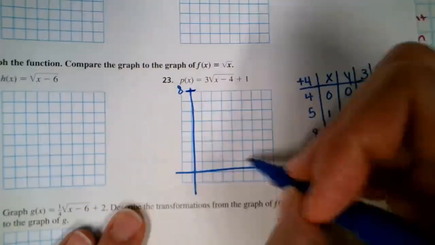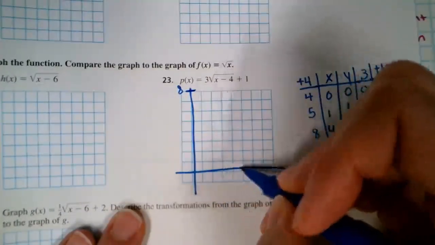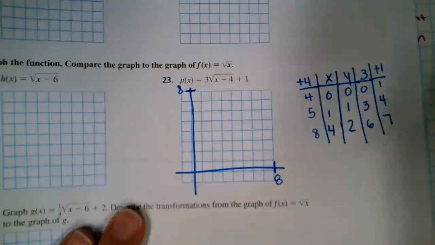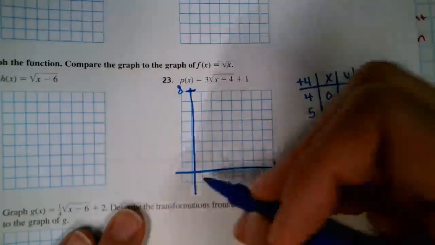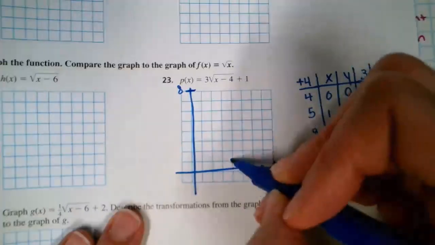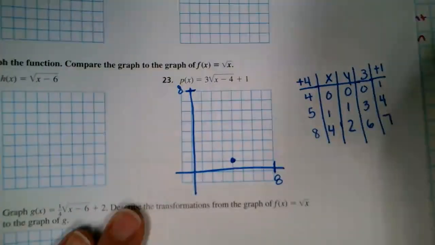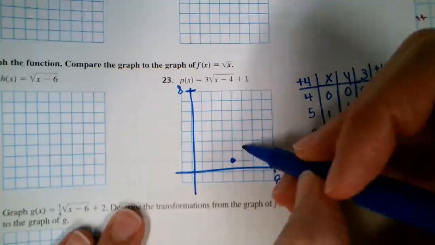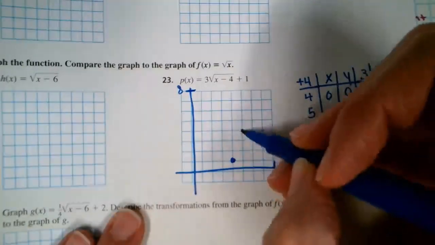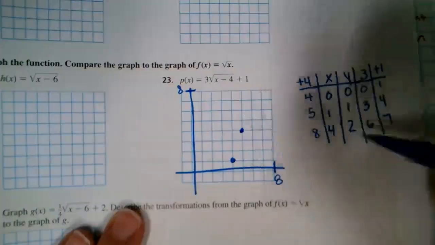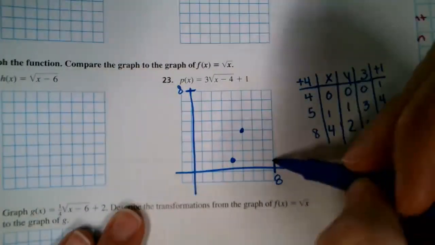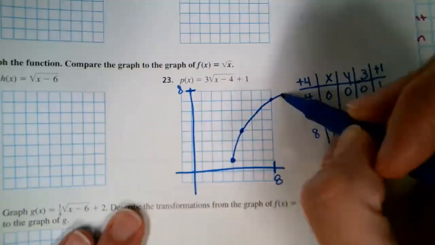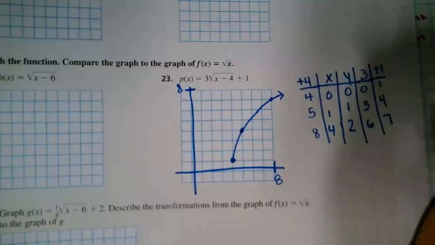So I need to show what I'm counting by, and I need to clearly plot my points. So 1, 2, 3, 4, then 5, and 8, 7, all the way up here. So this graph goes like this.